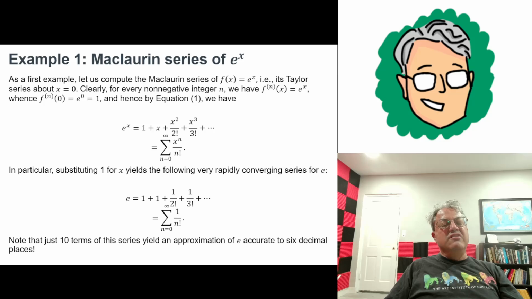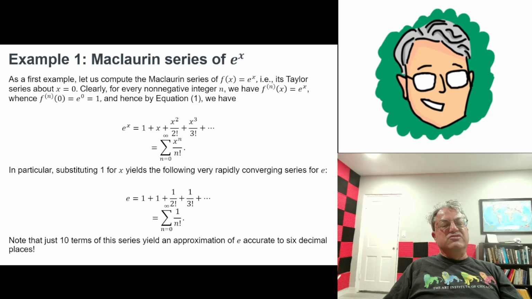And a nice special case of this formula, you can plug in x equals 1, and that gives you a very rapidly converging series for e. You get 1 plus 1 plus 1 over 2 factorial plus 1 over 3 factorial, and so on. It's just an infinite sum as n goes from 0 to infinity of 1 over n factorial.